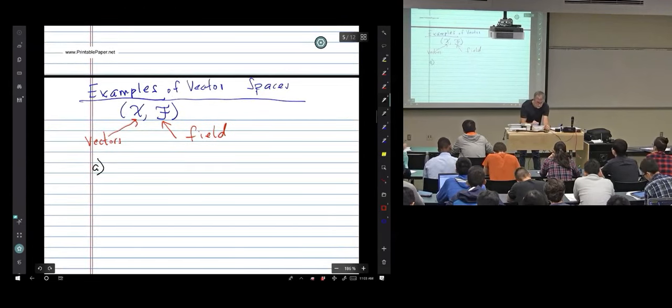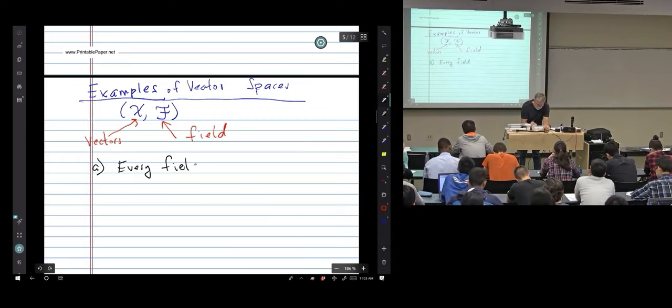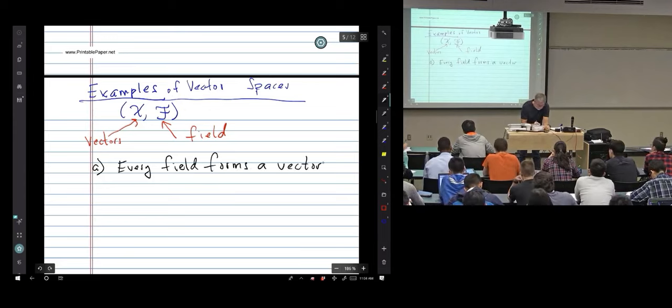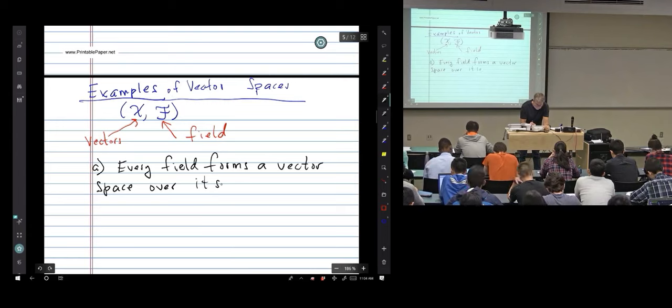Every field forms a vector space over itself.